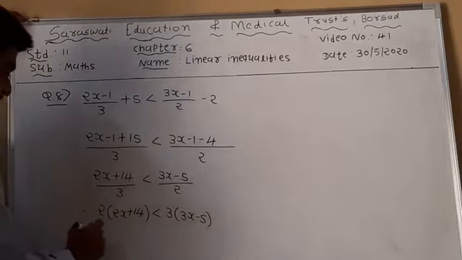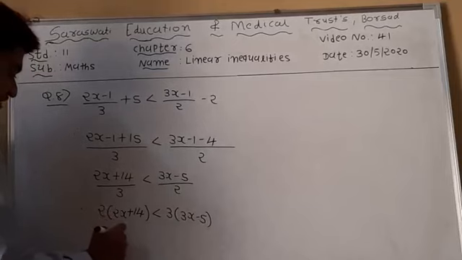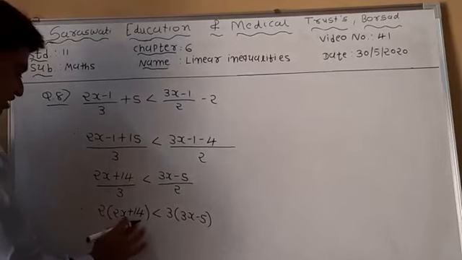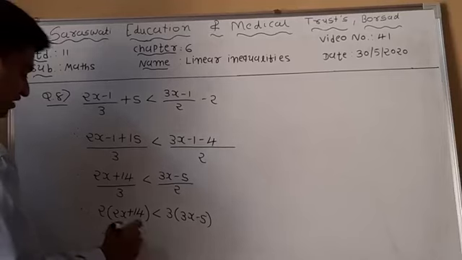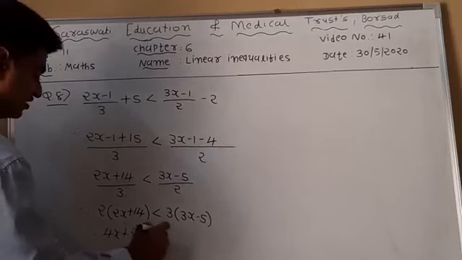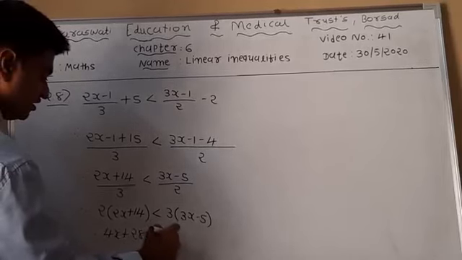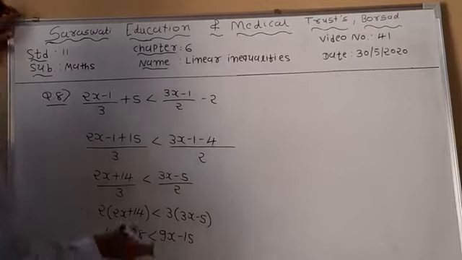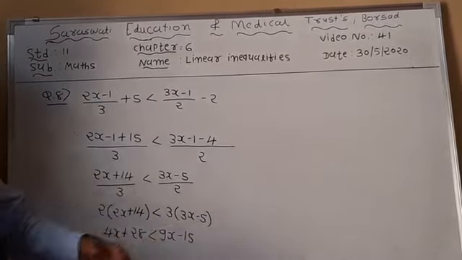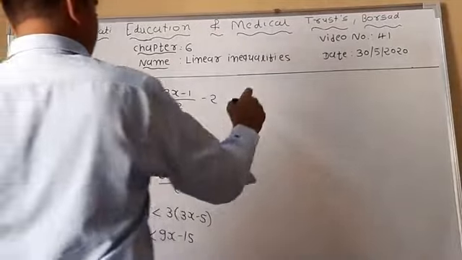Now open this bracket. So 2 times 2x is 4x, plus 14 into 2, that means 28, is less than 9x minus 5 times 3, that is 15. Write 9x on this side and 28 on the other side.